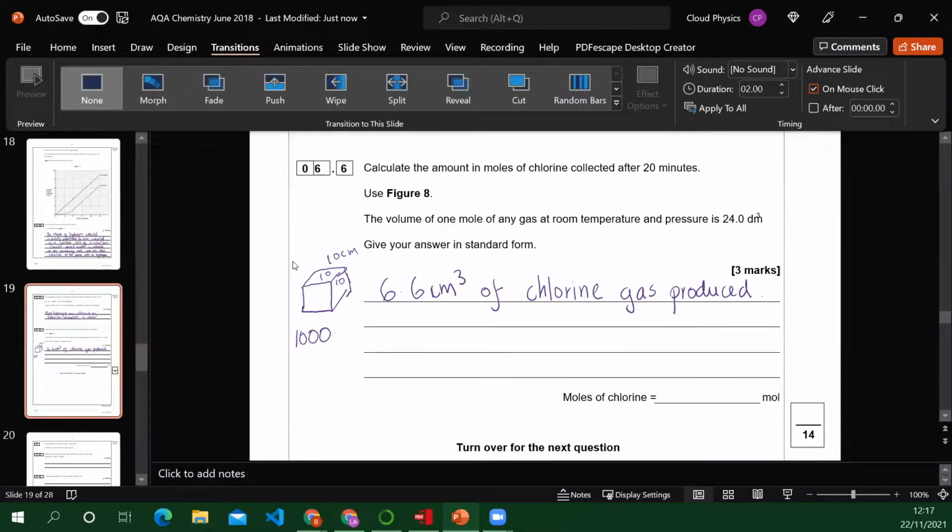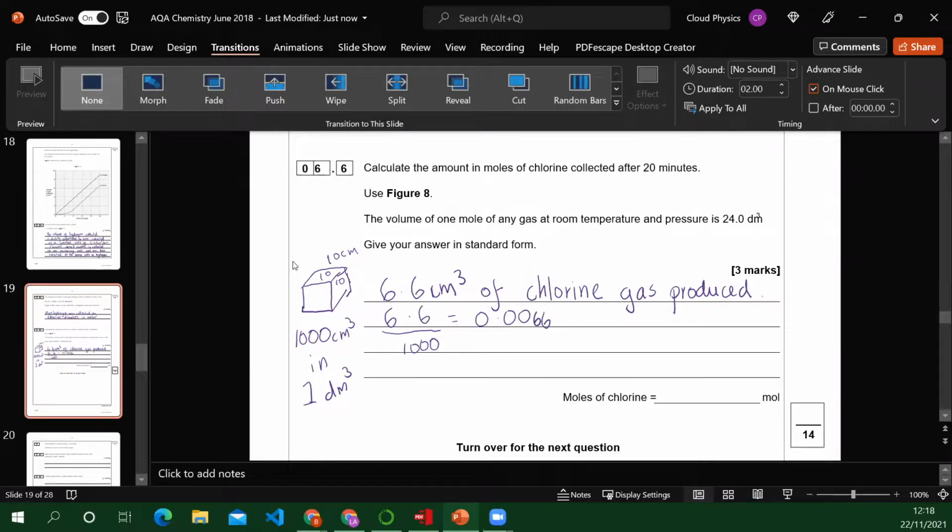So there's 1,000 centimeters cubed in 1 dm cubed. So we need to do 6.6 divided by 1,000, to get a small number, which is why we need standard form.